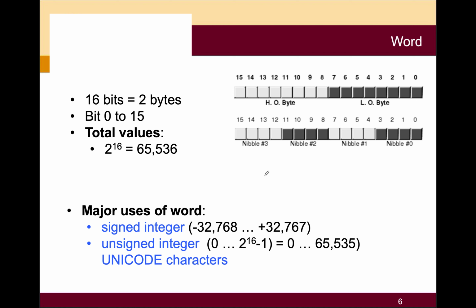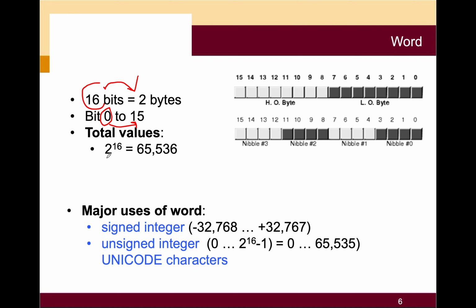Now let's take a look at words. A word is 16 bits, which occupies 2 bytes, with bits 0 to 15, as I mentioned, everything starts from 0.